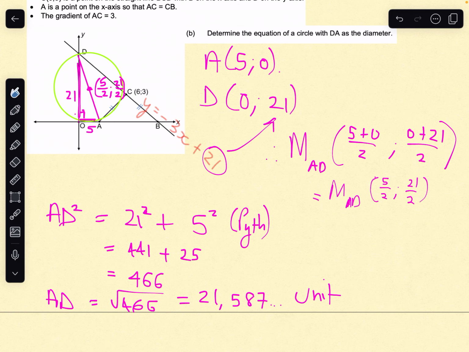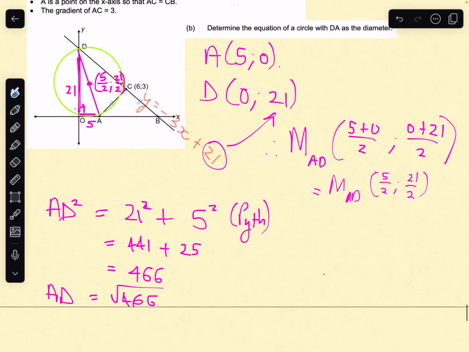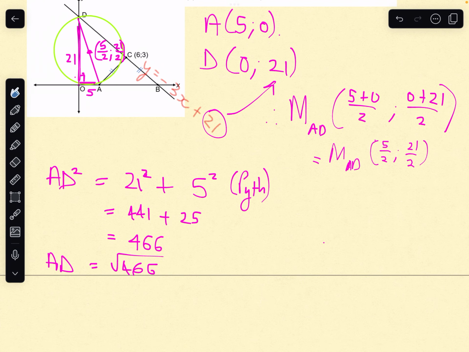Anyway, we don't actually need this. I'm going to leave it like this, because when we write the equation of the circle, we're going to write r squared. So the square root will be eliminated. Therefore, the radius of the circle is half of root 466.